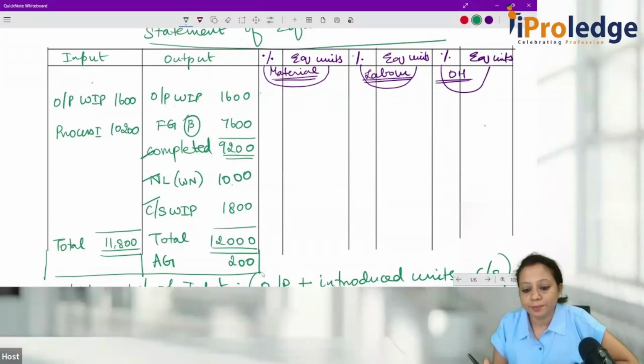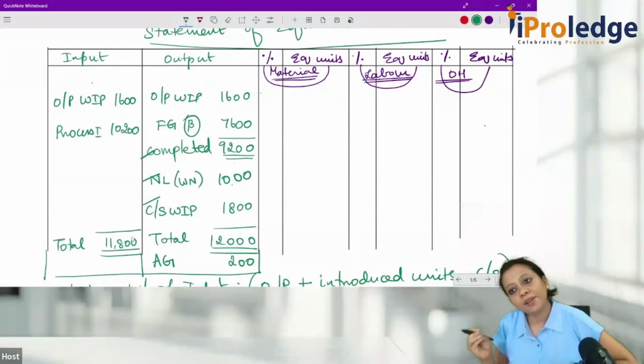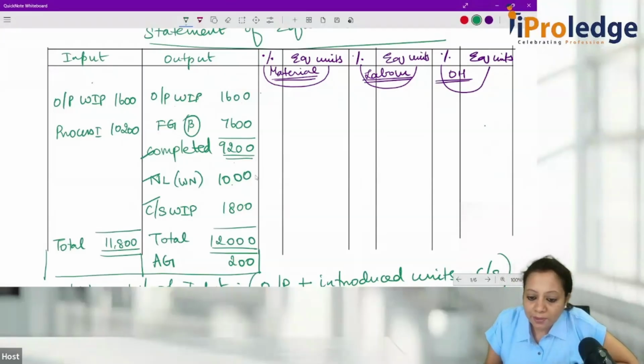Observe it, everyone. So one problem, logically, if you understand the statement of equivalent units, the same logic is there for all other problems also. So now we will proceed. First I will teach you about normal loss.